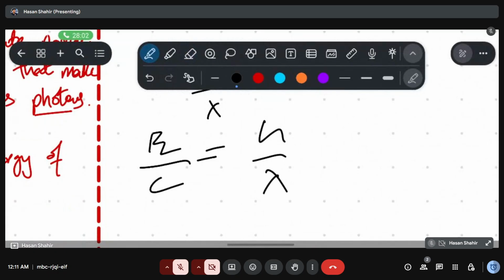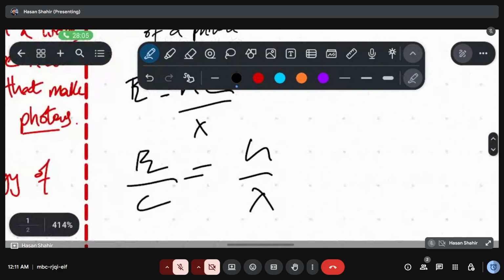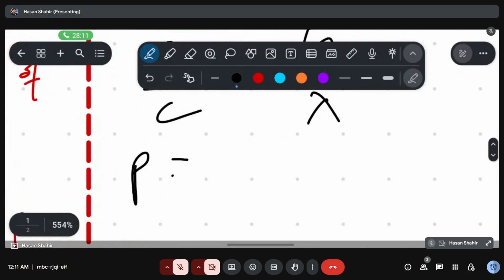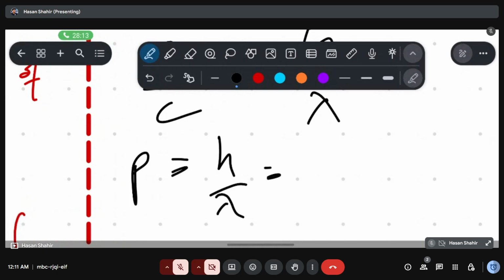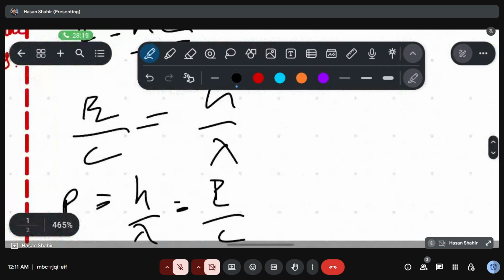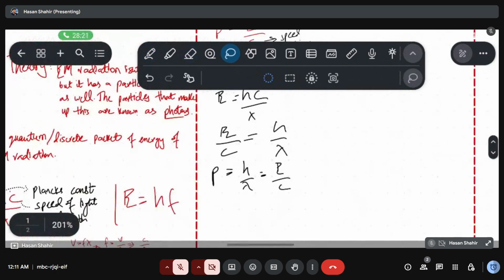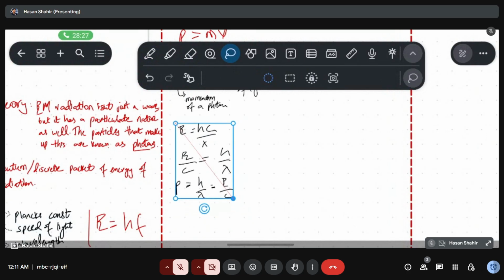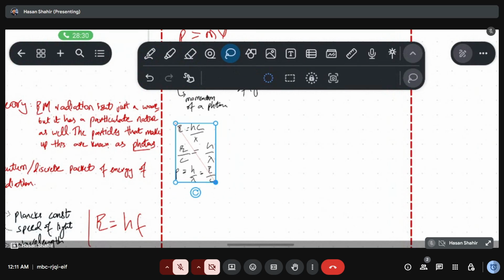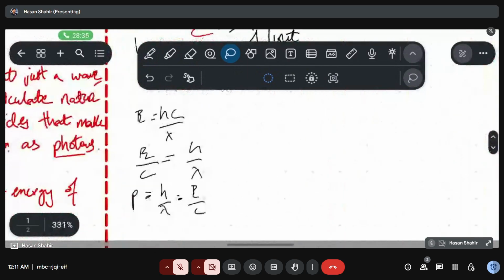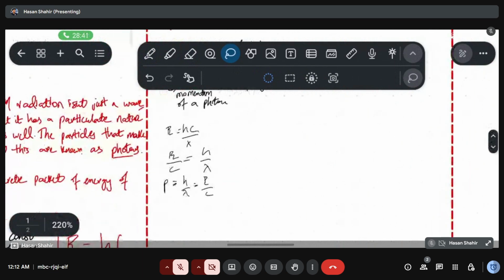By this we can see that the momentum of a photon is equal to h upon lambda as well as E upon c, where lambda is the wavelength of the photon. So here you get two formulas, obviously E upon c being the main one.